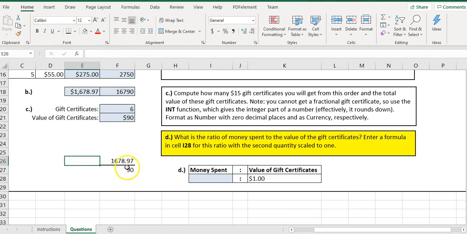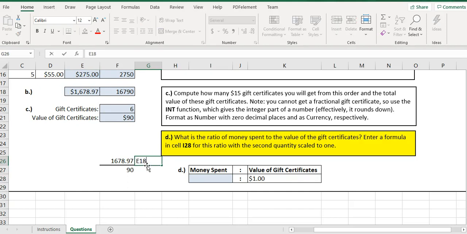So you're going to do this calculation, but I want to do it down here, and I want it to be able to work every time. I don't want to put it in my calculator and use it. So where is the 1678 located? The 1678 is located in E18. And where is the 90 located? The 90 is located in F21.